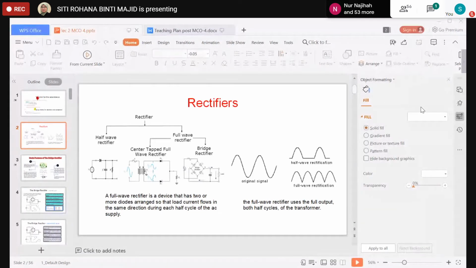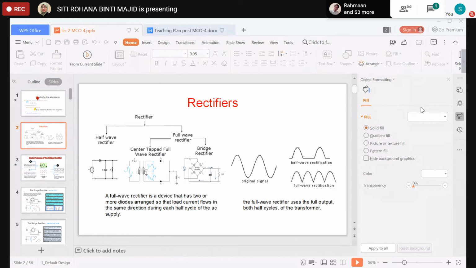the center tap full wave rectifier, which is divided into two: the first one is the center tap full wave rectifier, and the second one is also a full wave rectifier, but it's called a bridge rectifier.